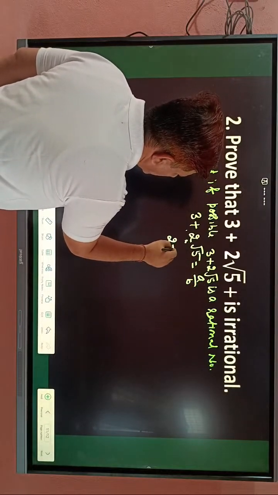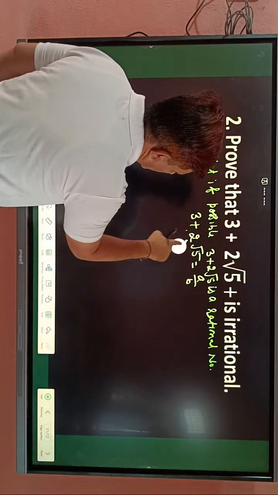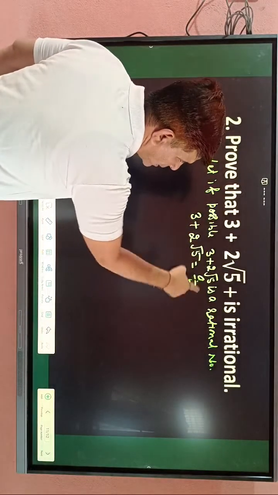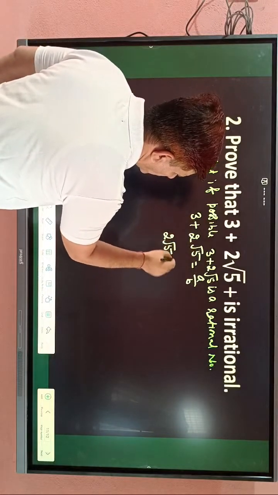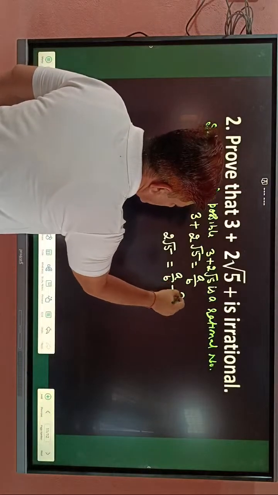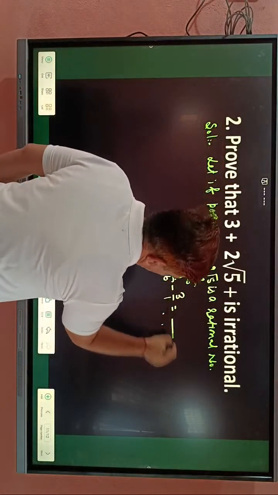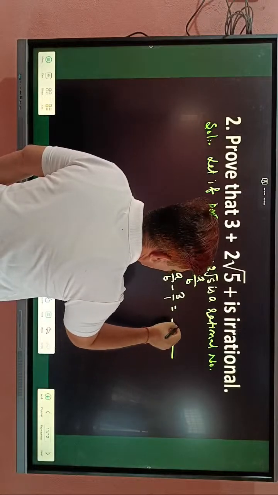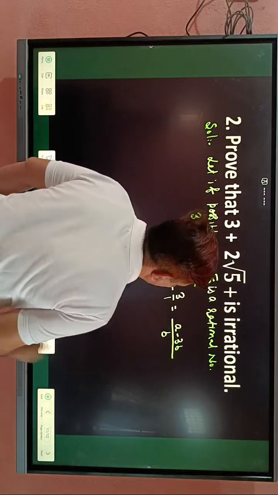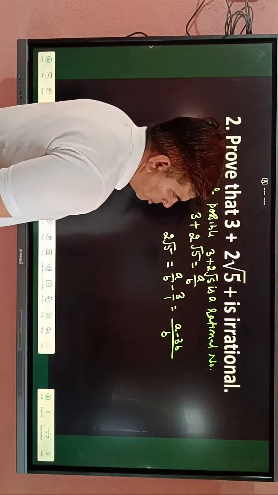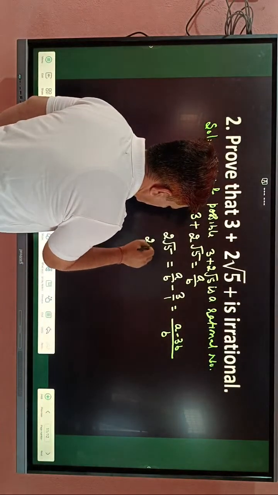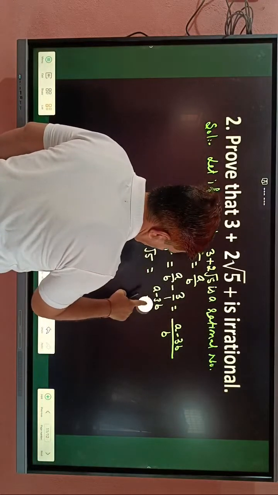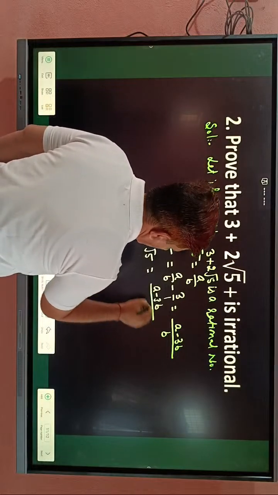Take the 3 to this side, so minus 3: 2 root 5 is equal to a by b minus 3 by 1. b is the LCM, so a minus 3b by b.